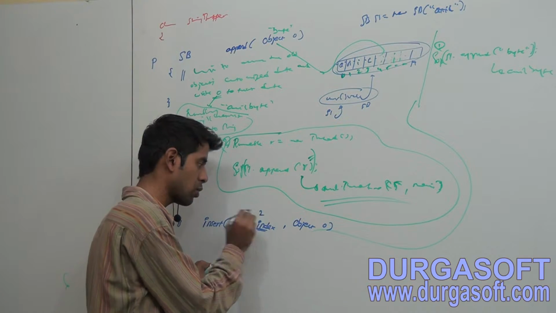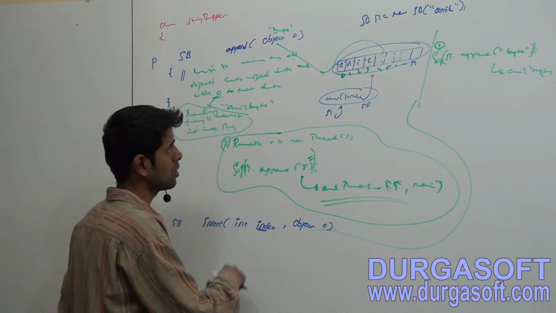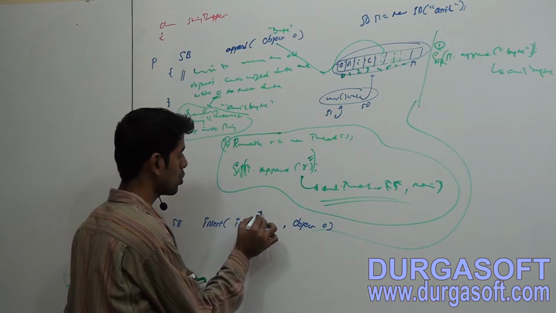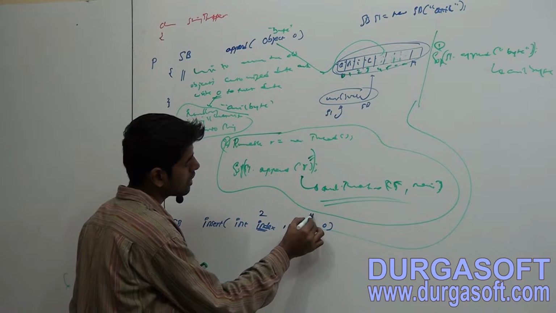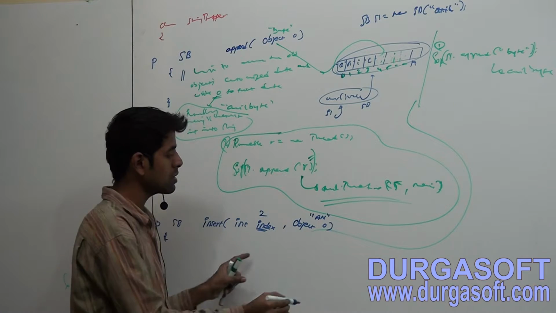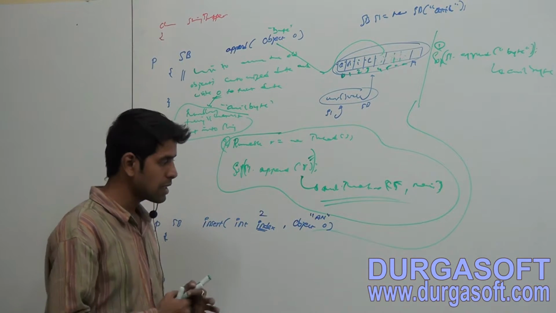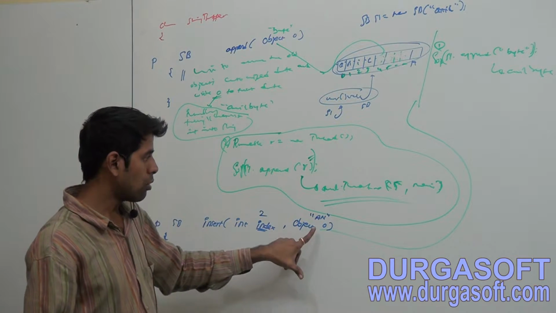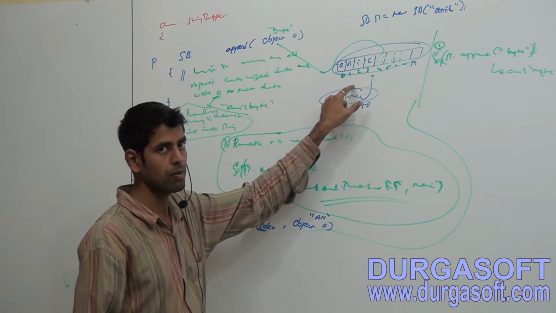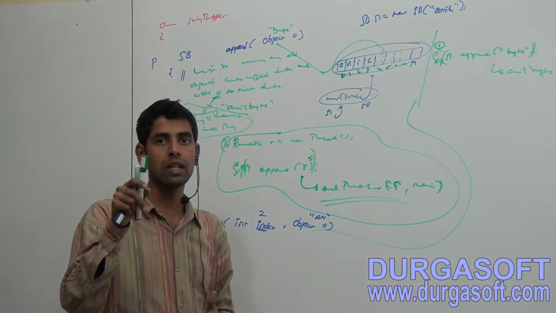If I pass here 2, and if I pass capital A N, what happens? Observe, it will insert the specified object at the specified index without losing data.